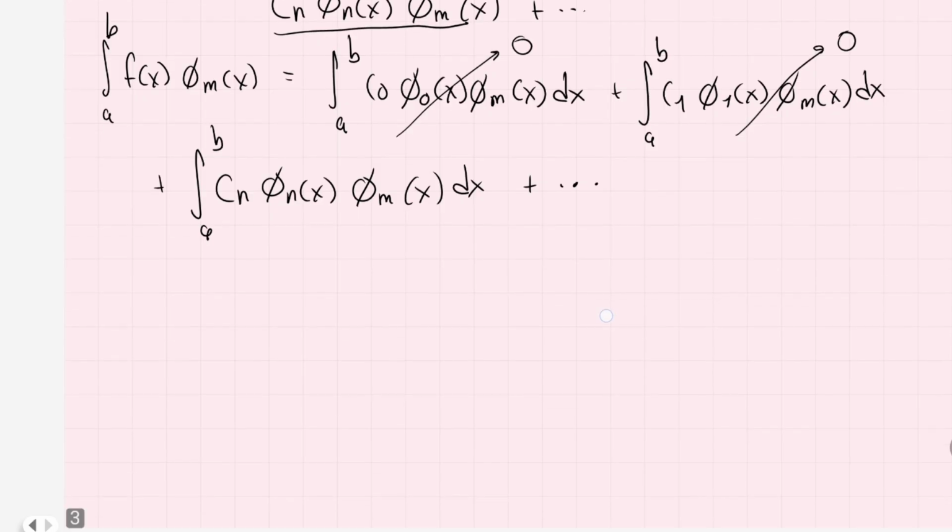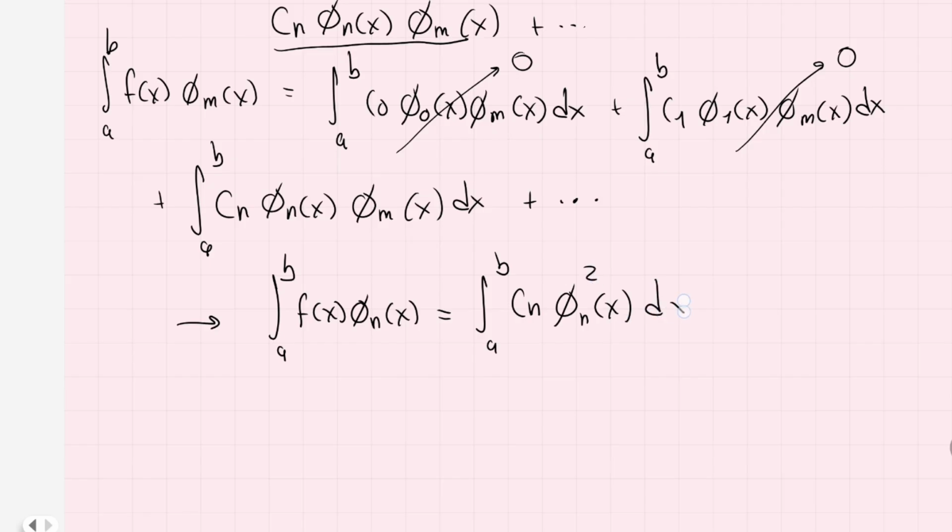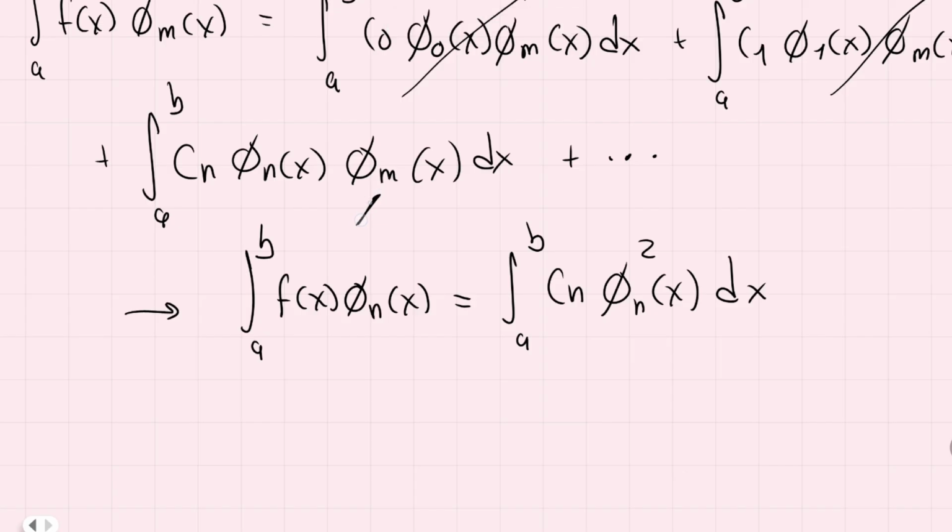Okay, so that means that we are going to have the next result. The integral from a to b of f of x phi n of x is going to be equal to the integral from a to b of cn phi n of x squared dx. Again, the term when m is equal to n is going to survive.